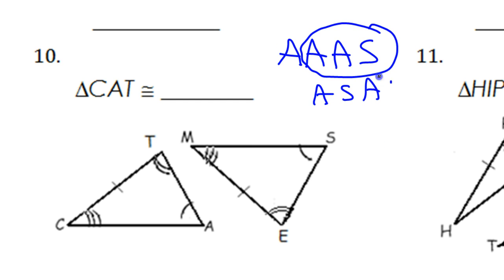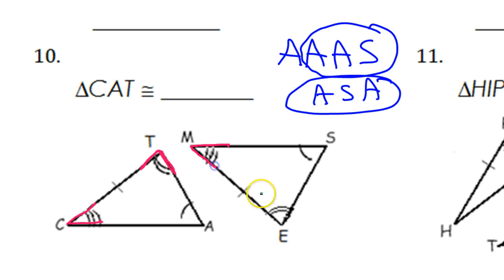If we were going to do angle, side, angle, we would need 2 angles and the included side, meaning the side that's between the 2 angles. Do we have that? If we look here, we have the triple and the double. Let's do that over here.